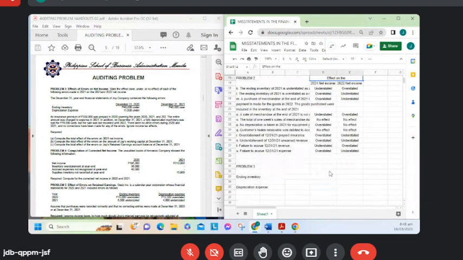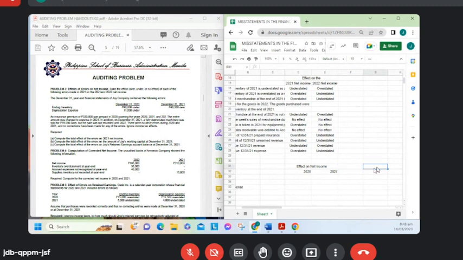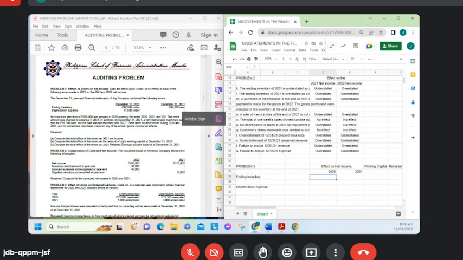Copy that. 2020, working capital, and retained earnings. Okay.